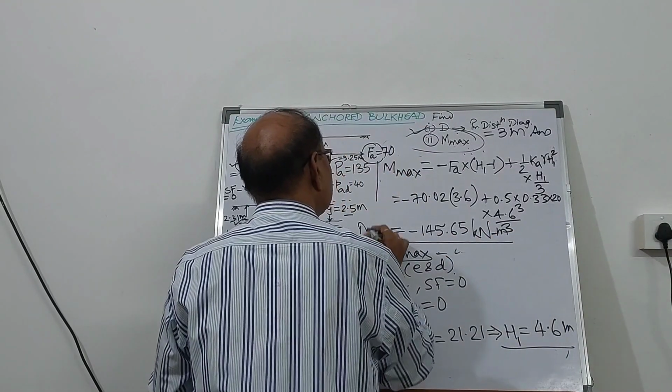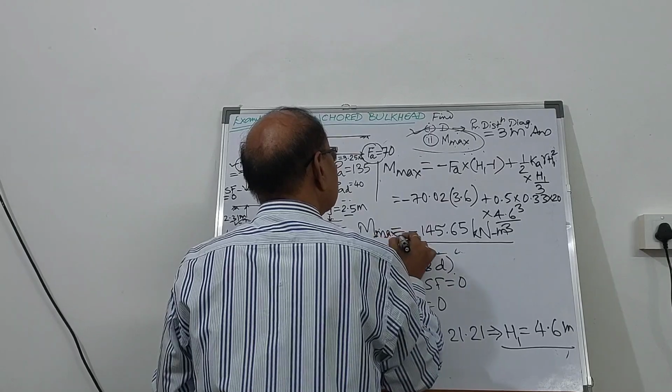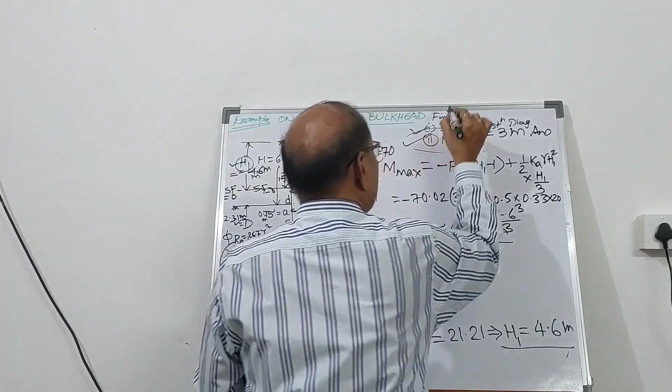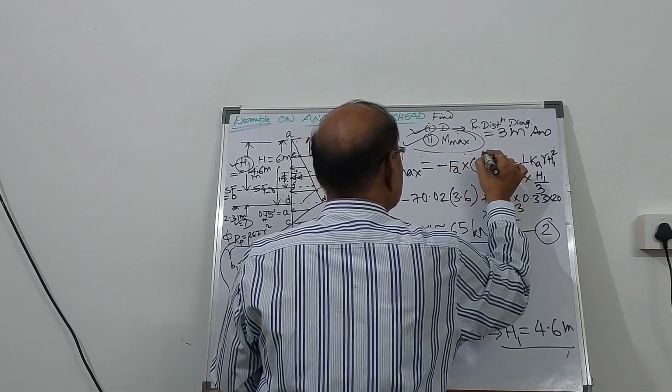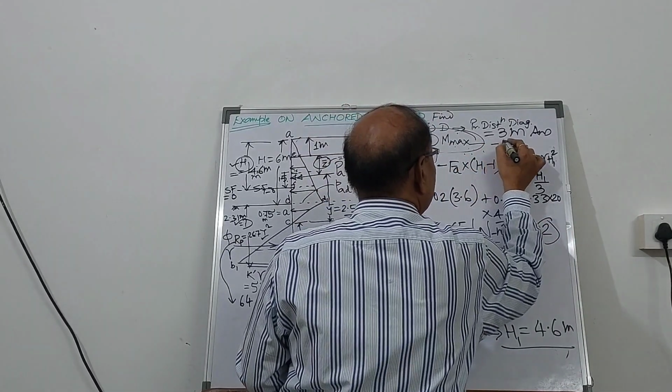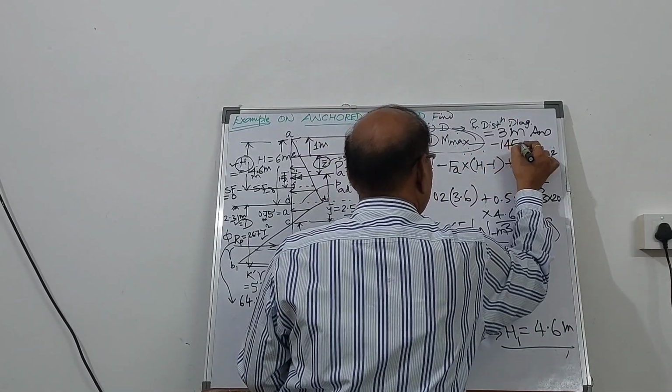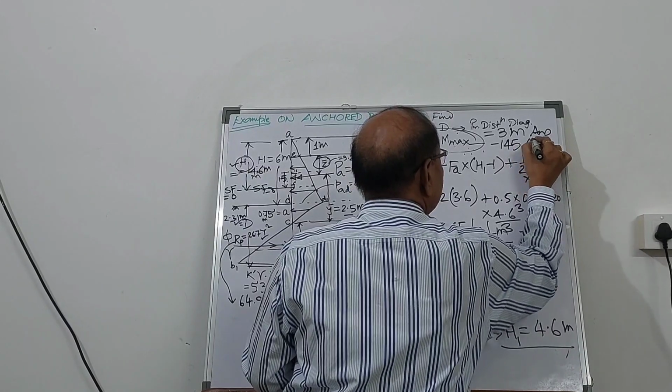This is the magnitude of M max. So this is the second part. So this is going to be minus 145.65 kilonewton meter.